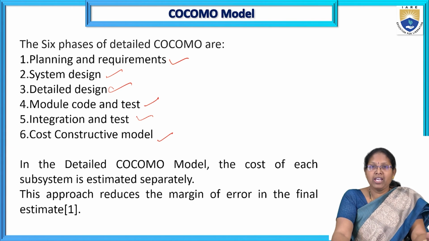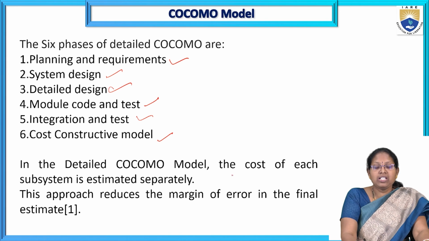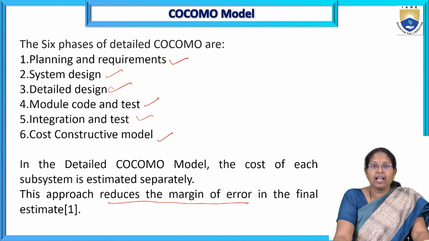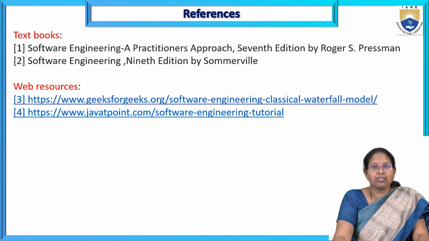A major purpose of this approach is to reduce the marginal errors, and finally a better estimation is possible with the detailed COCOMO model. By using these references, we finish this particular topic.